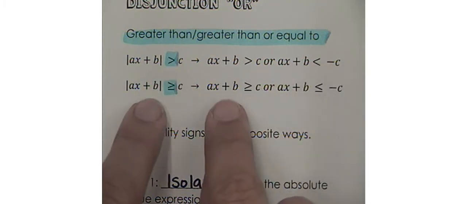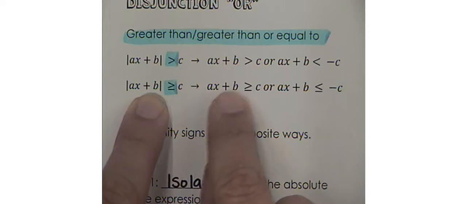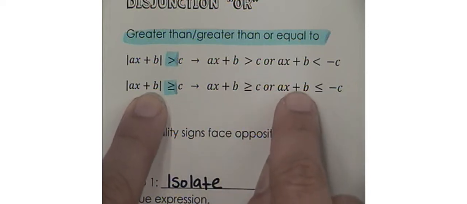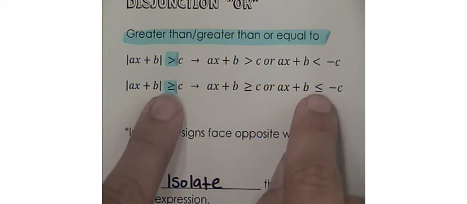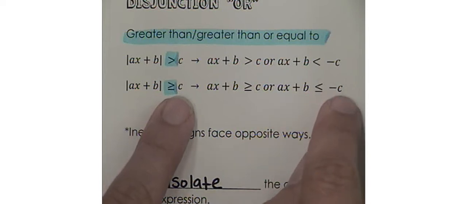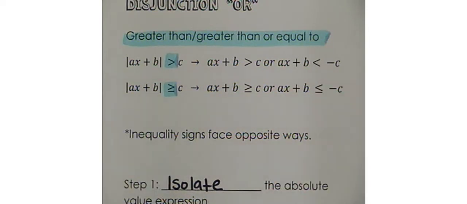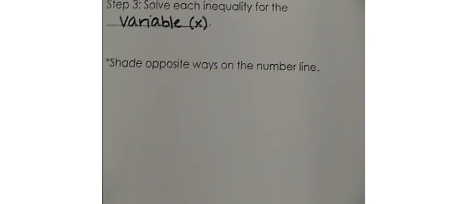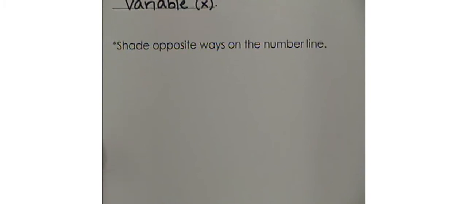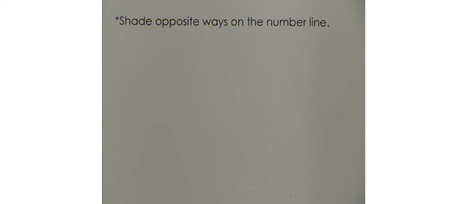And just a reminder, since this is a disjunction, it's an or statement, we shade outward or opposite ways on our number line. So let's walk through an example.